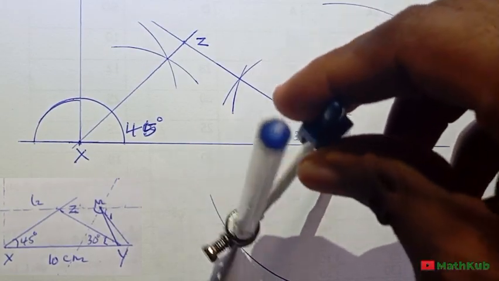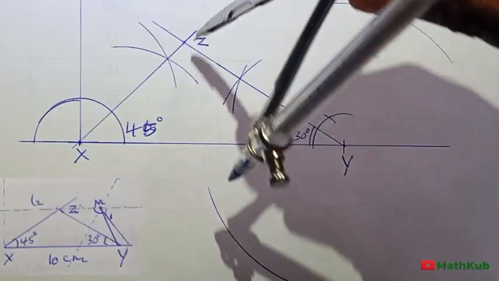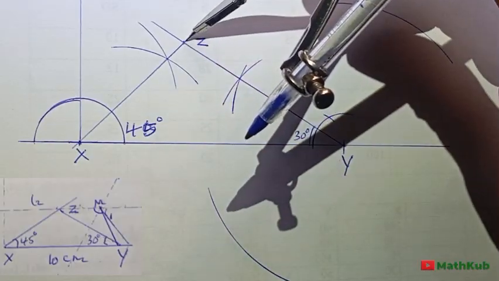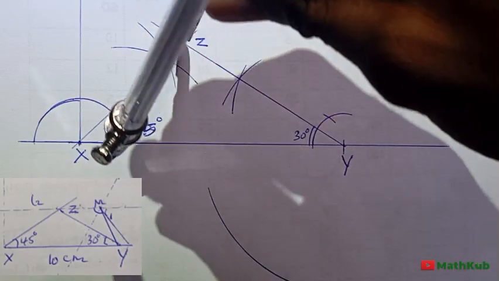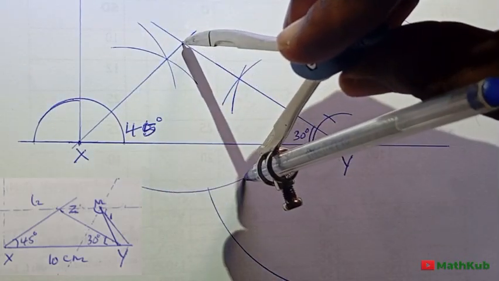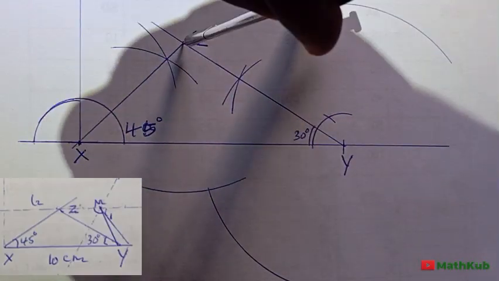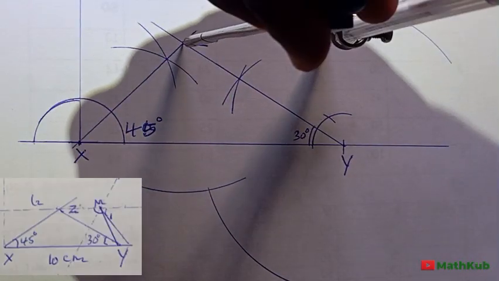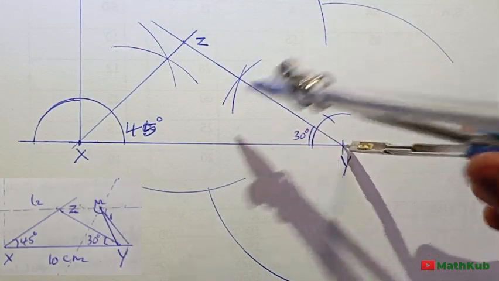Then with Z as center and that same radius, you cut the first arc, and then you also cut this other arc. I need to draw it again.